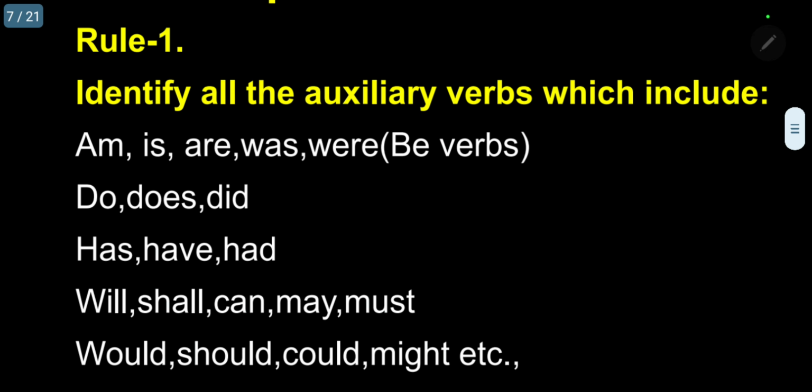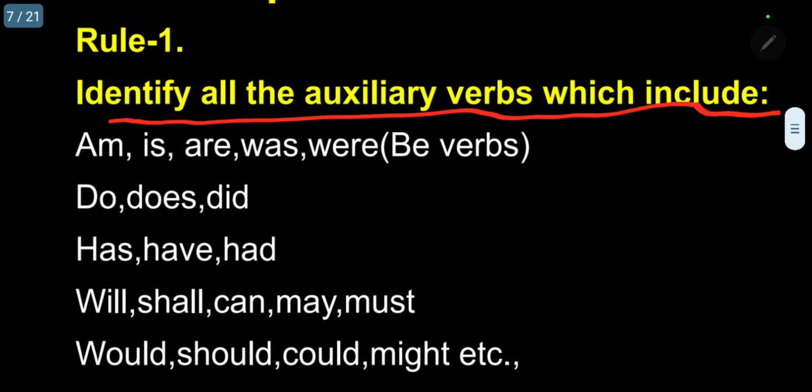Okay, first rule: identify all the auxiliary verbs, which include... Kindly follow. Here it is my duty to inform you, verbs can be classified in a number of ways. Many grammar books do not give all the types.